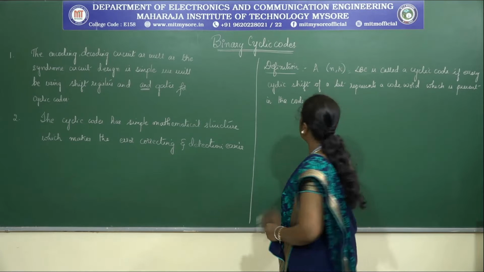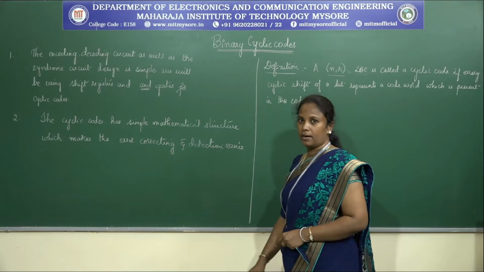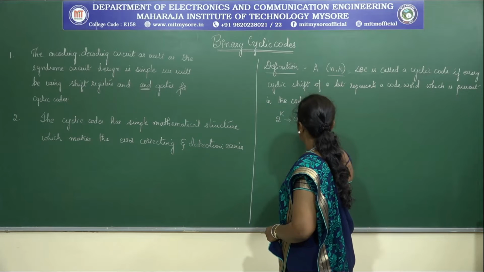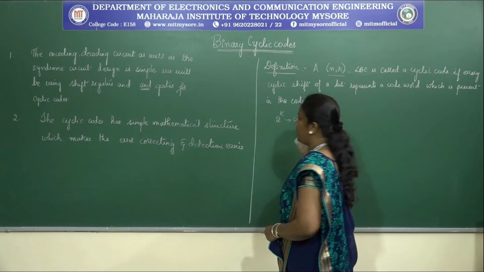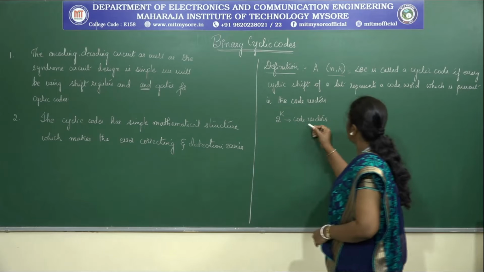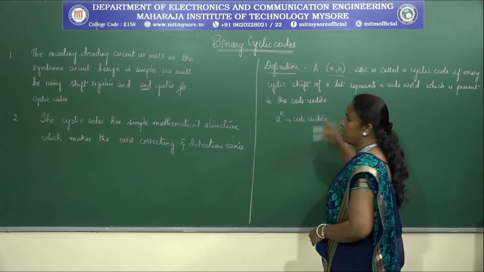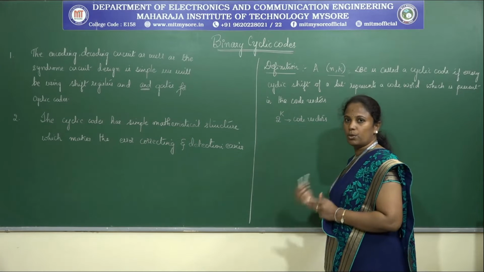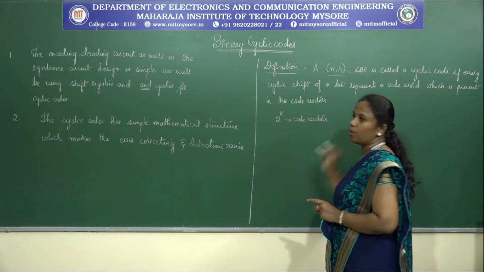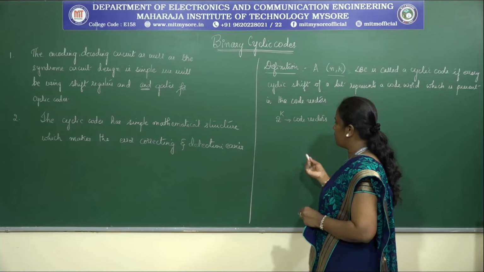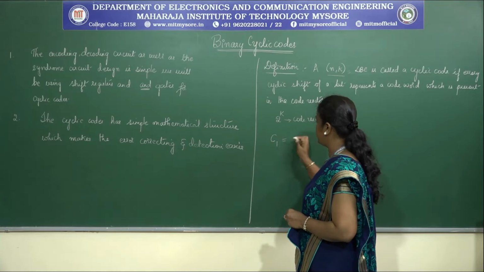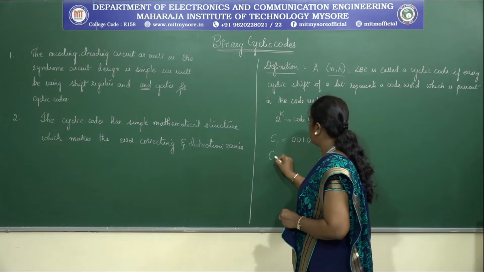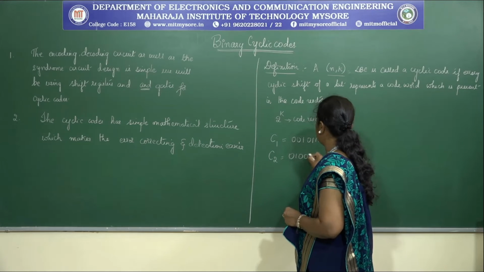In the sense, we have (n, k) here. Among the 2 to the power of k code vectors, if you shift each code word, then the cyclic shift of a code word will be a new code word which is present in the code vectors. Suppose C1 is equal to 0, 0, 1, 0, 1, 1, 0 and C2 is equal to 0, 1, 0, 0, 0, 1, 1.